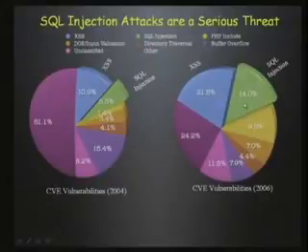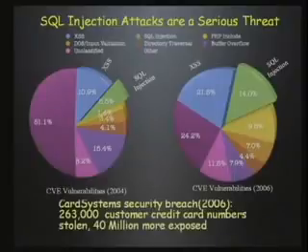In fact, in August 2007, a report was released by Symantec where almost 63% of all vulnerabilities reported on the internet were either SQL injection or cross-site scripting. So SQL injection is a very significant threat, and last year in the CardSystems security breach, about 263,000 customer credit card numbers were stolen and about 40 million were exposed. This was covered widely in the media. So this is a very important problem.